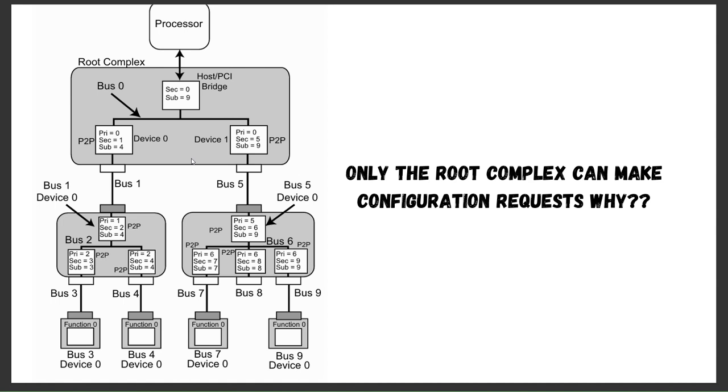Devices on the same level cannot send configuration requests to each other. These configuration requests are routed based on BDF, which we learned yesterday: bus number, device number, and function number, which tells the system exactly where the device is located in the PCI topology.